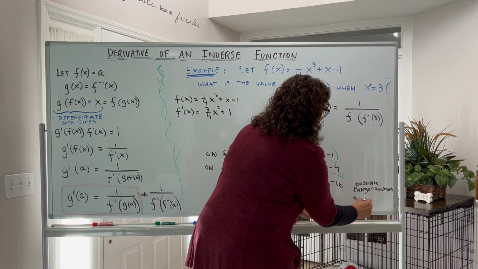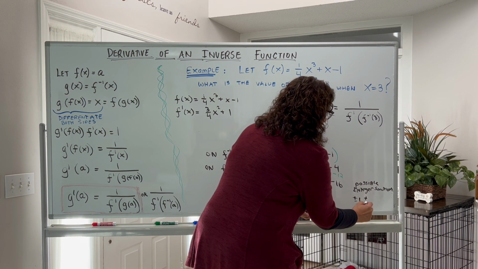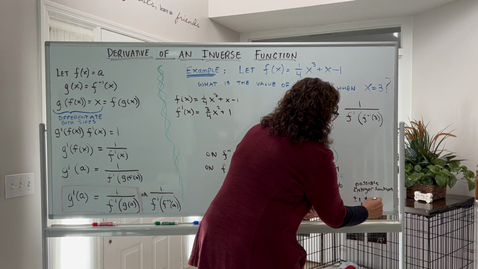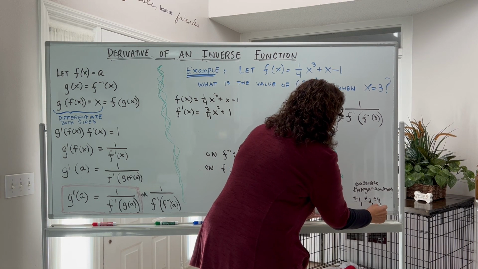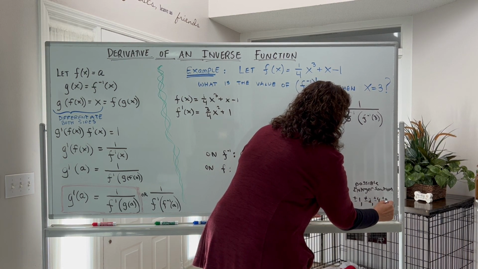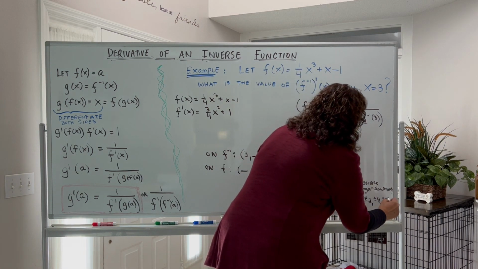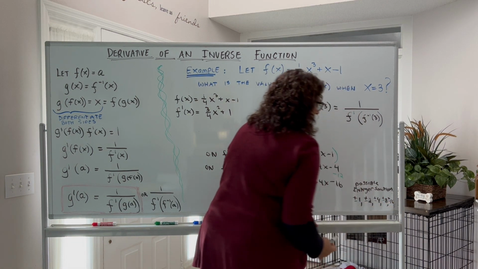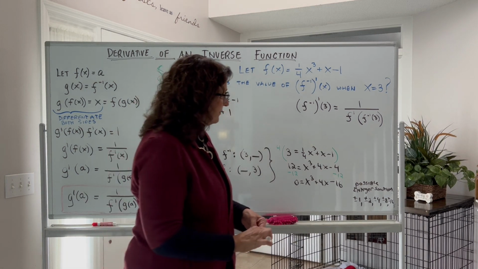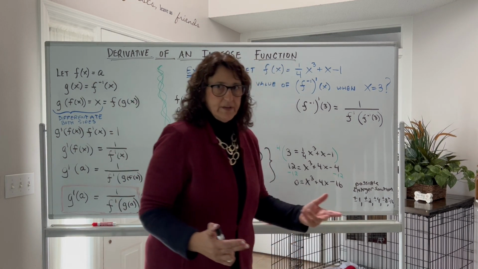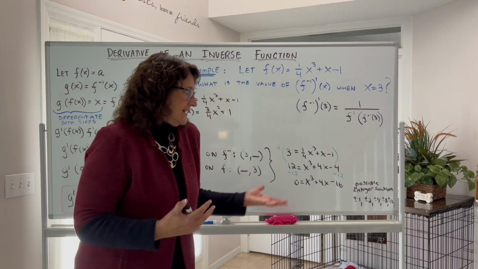So, possible integer solutions: plus or minus 1, plus or minus 2, plus or minus 4, because 4 times 4 is 16, plus or minus 8, because 8 times 2, and plus or minus 16. So we have 10 numbers to try, but that's a lot of numbers.